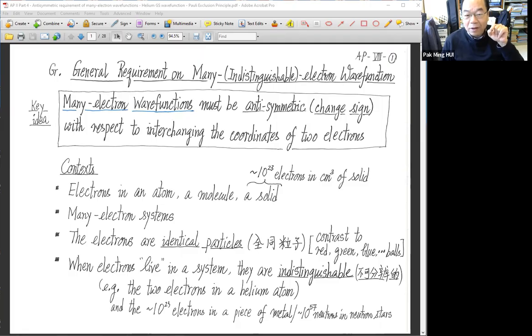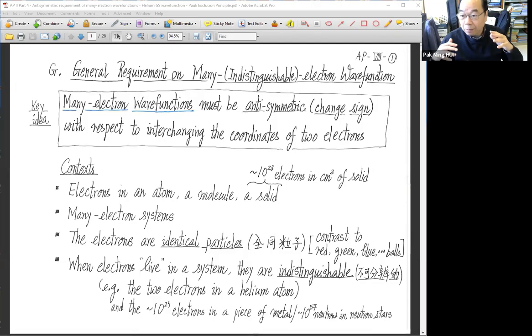That is the term representing a change of one sign: plus sign goes into negative sign, that is called antisymmetric. So what have we done in order to change a sign? We interchange the coordinates of two electrons in an n electron system.